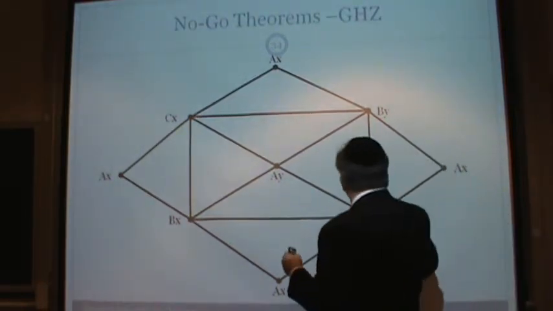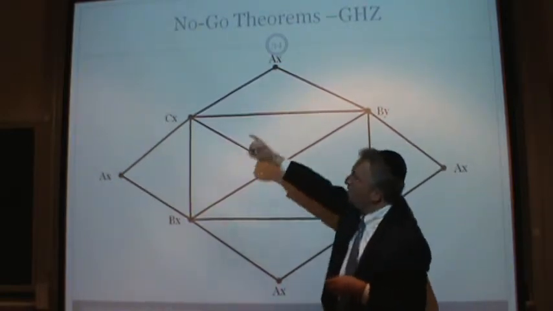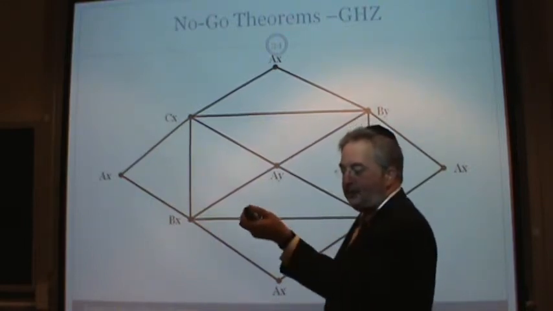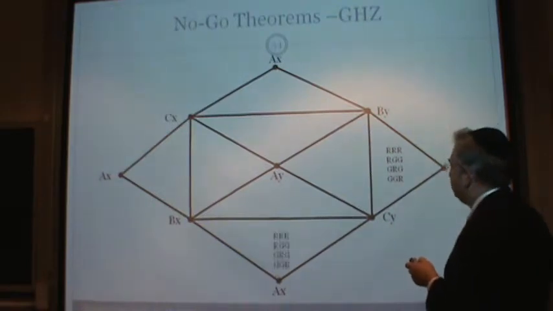Now each one of them is going to have red or green. Now the state of the system is as follows. I'm going to go a little bit quickly on this.